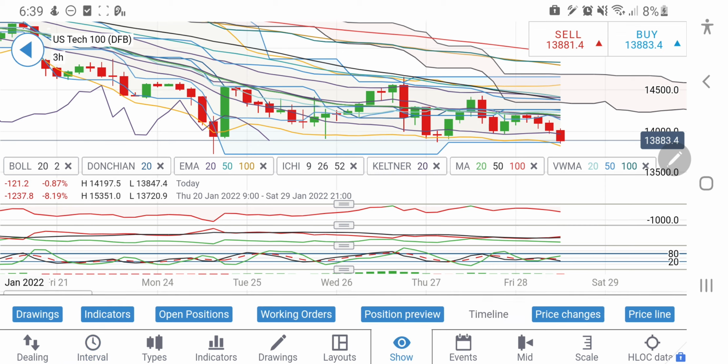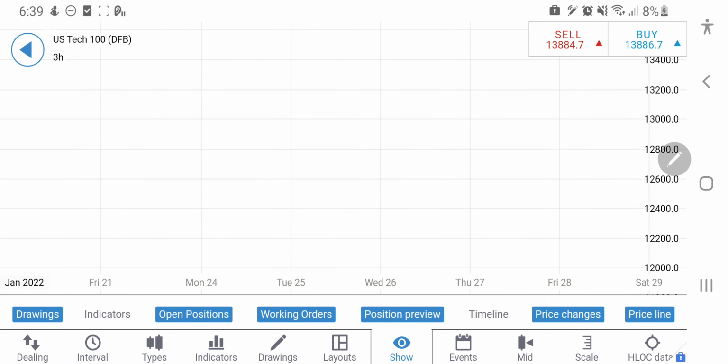Now let me give you the levels directly. Looking at the levels here, the level to go long is at 14023.